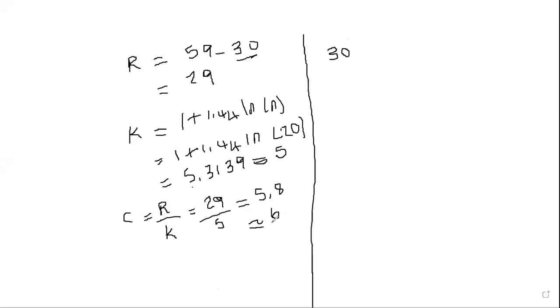Whereas our class width is 6. So now we need to determine the class limits, from the first class up until the last one. We also need to identify our upper class limits, right? So for the first one, we're going to say 30 plus 6, and we get 36.